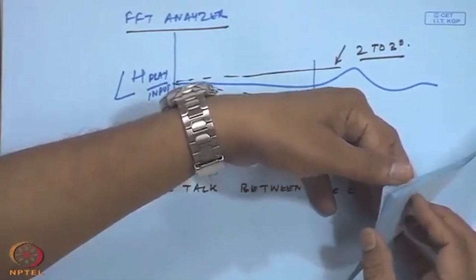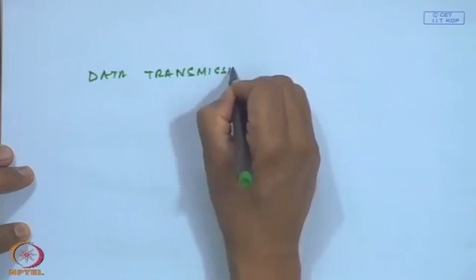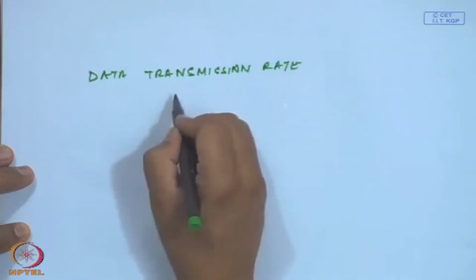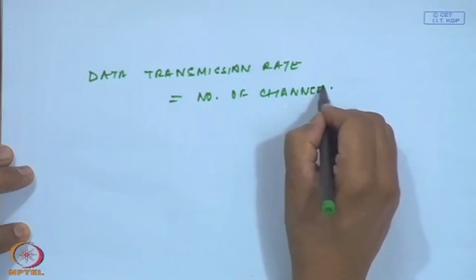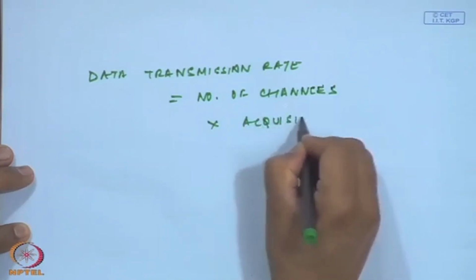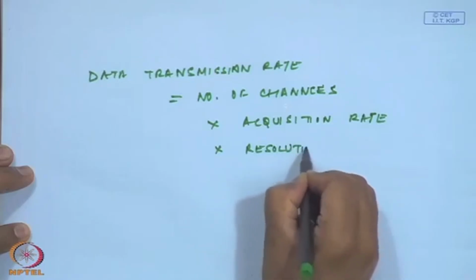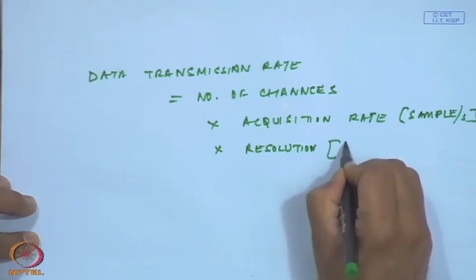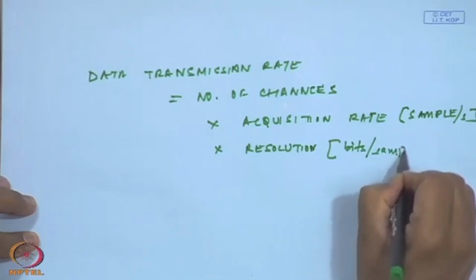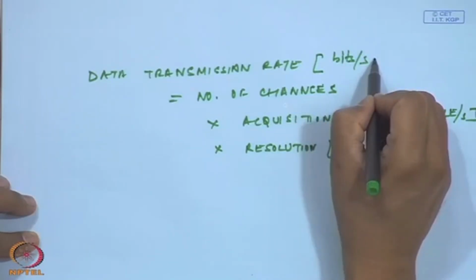The data transmission rate is the number of channels multiplied by the acquisition rate multiplied by the resolution, and the unit of data transmission rate is bits per second.